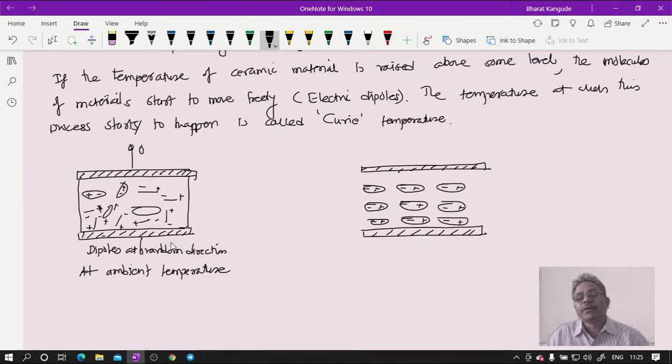And therefore whenever it is connected to a voltmeter, you will find that there is some potential. Actually there are charges generated on these two electrodes as shown here. So this is positive and this is negative, and this gives rise to an electric field.